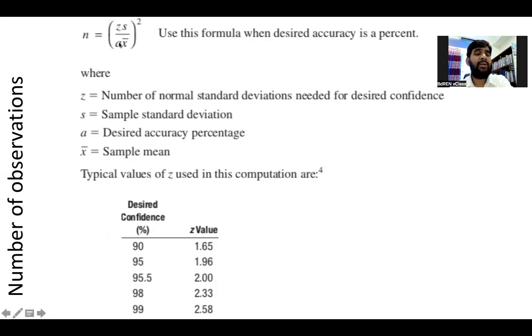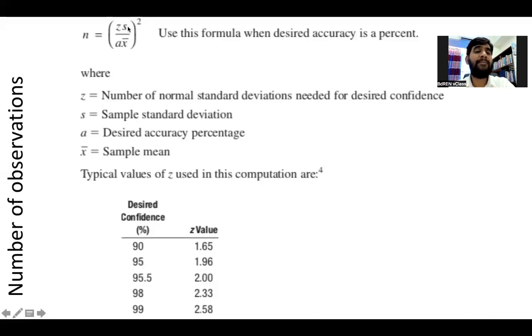So here, the formula to know how many times you will study a job: N equals (Z S divided by A X bar) whole square. This formula is used when desired accuracy is in percentage. You are expecting that you're 90% confident, accuracy is 90%.